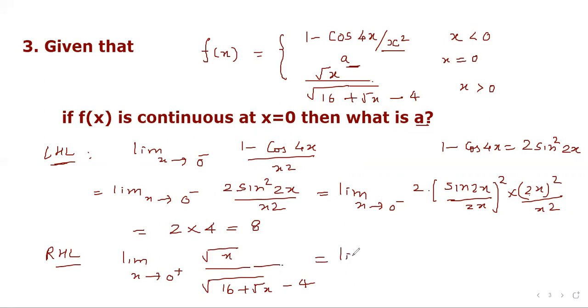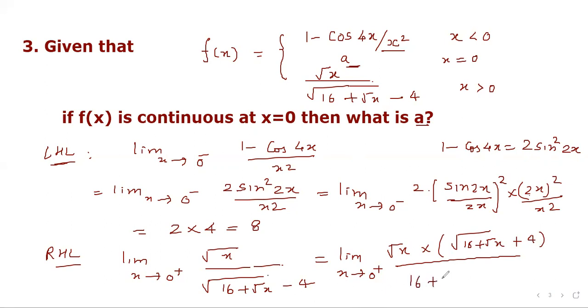So it will become limit x tends to 0 plus root x times (root of 16 plus root x, plus 4) divided by, if we multiply by (root of 16 plus root x, plus 4) to this, we will get 16 plus root x minus 16.